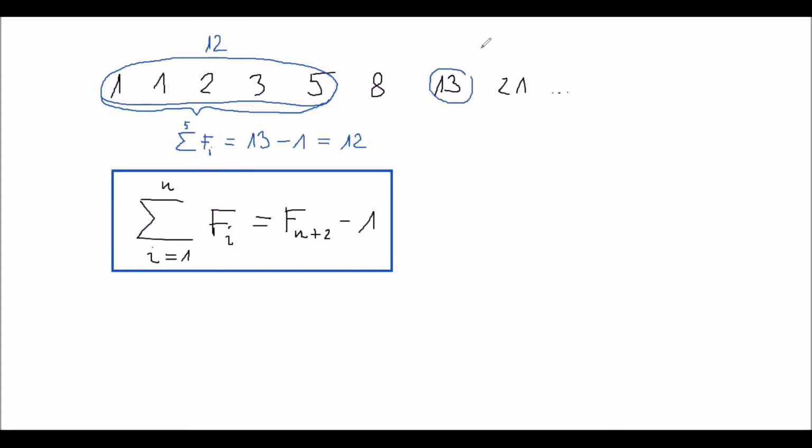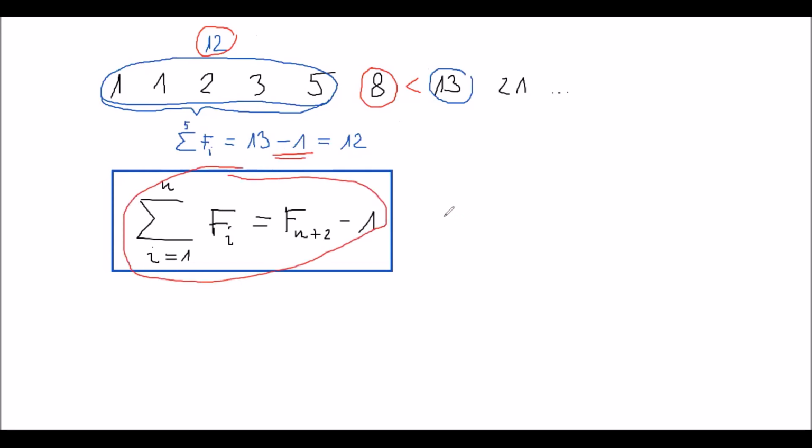But that means that the two rarest elements or characters in this virtual file are 12 and 8. 8 is because it is the left neighbor of 13 in this series, and 12 because it is less by 1 than 13 due to this identity.